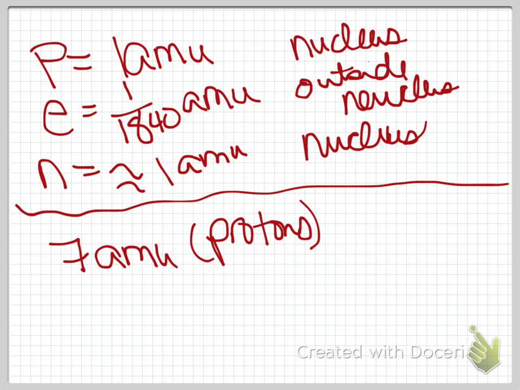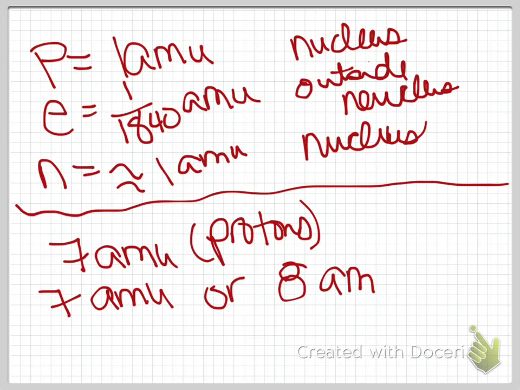But let's talk about the neutrons. It can have a mass of either 7 AMU from the neutrons or 8 AMU from the neutrons. That's going to change the mass of the nucleus. So how do you know what the mass is? Is it going to be 15 AMU or 14 AMU?